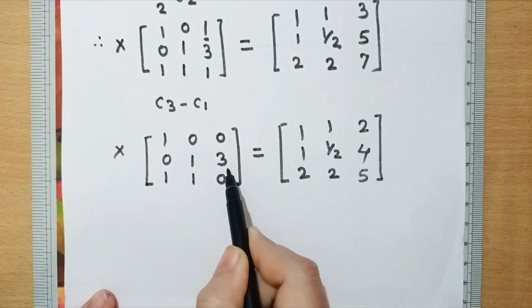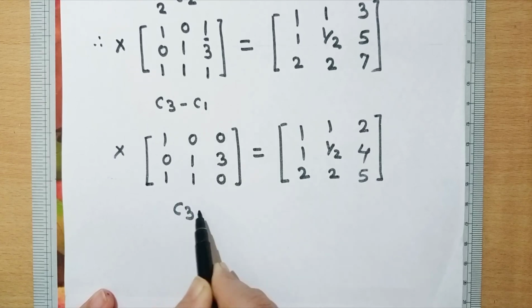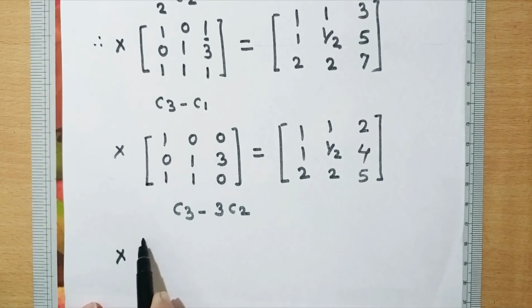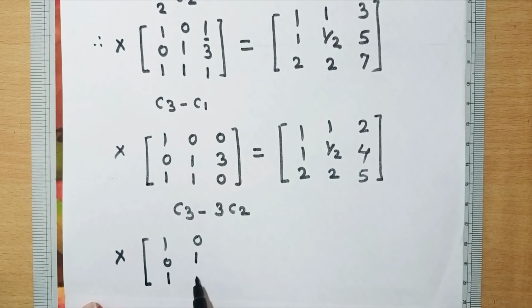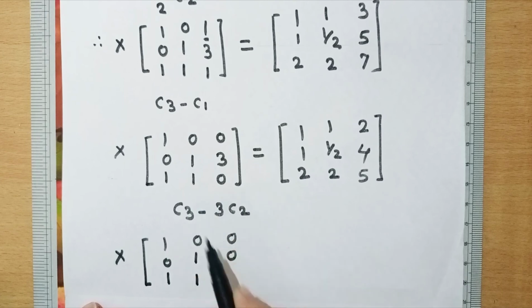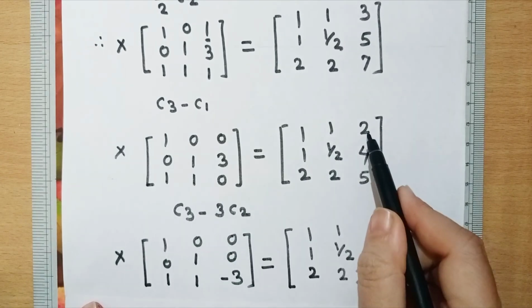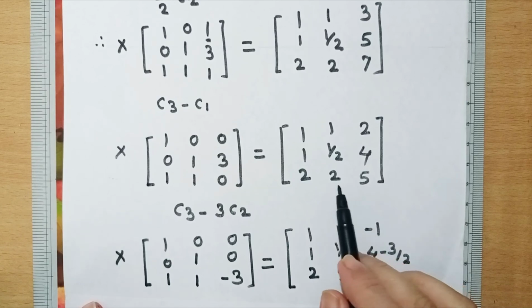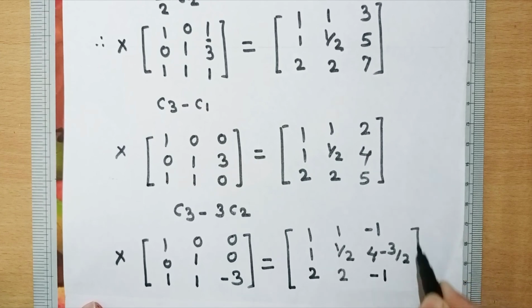To make this element 0, so C3 minus 3 C2 gives X, 1, 0, 1, 0, 1, 1. Now 0, 3 minus 3, 0, and 0 minus 3 is minus 3, and that is equal, and then 2 minus 3 is minus 1, 4 minus 3 by 2, and this is 5 minus 6 is minus 1.